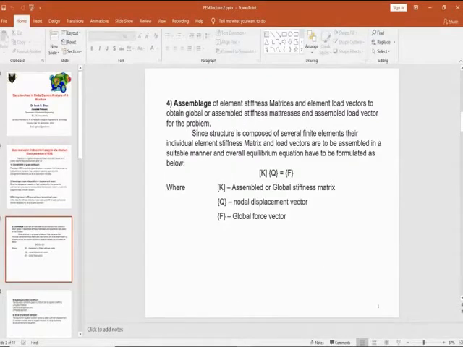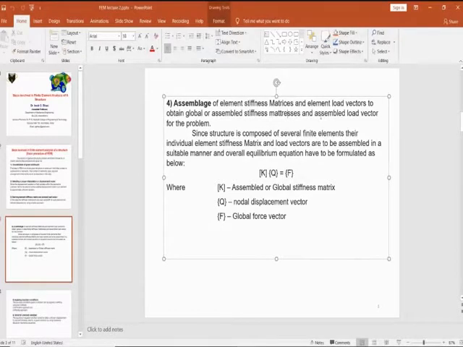Then the next step is the assemblage of element stiffness matrices and element load vectors to obtain the global or assembled stiffness matrix and assembled load vector.